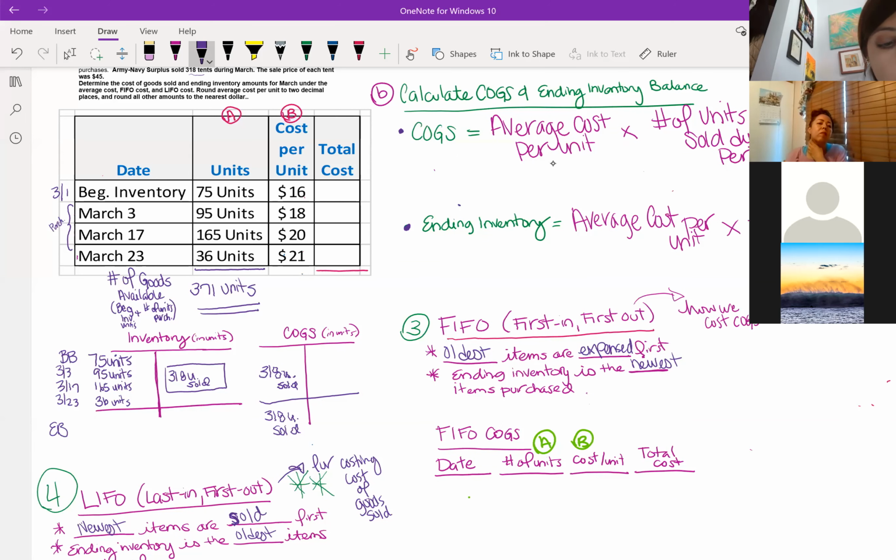So we can take our number of units available, which is 371 units, the sum of beginning inventory plus the purchases, and we're going to subtract number of units sold, which is 318 units, to back into number of units in ending inventory, 53 units.